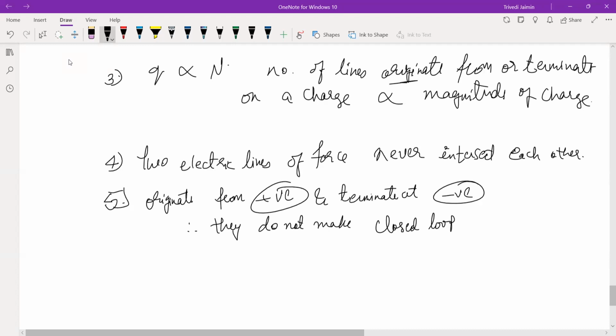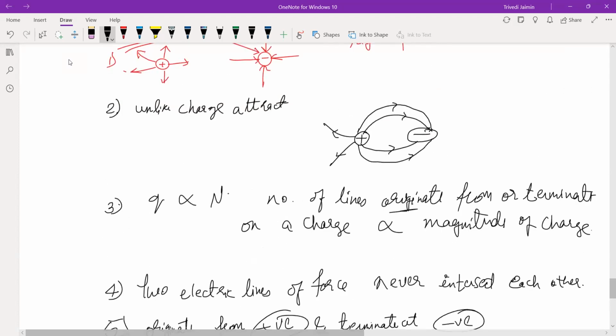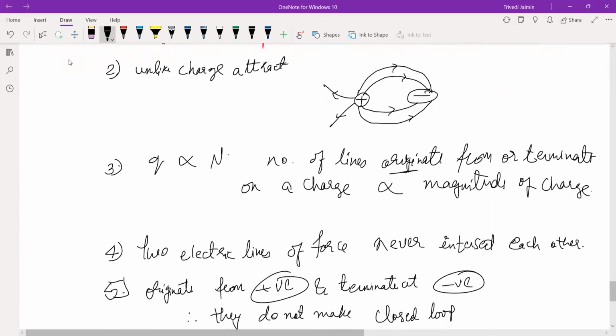As much as the field lines are close together, we can say strong, and otherwise weak. So make a note of all this.